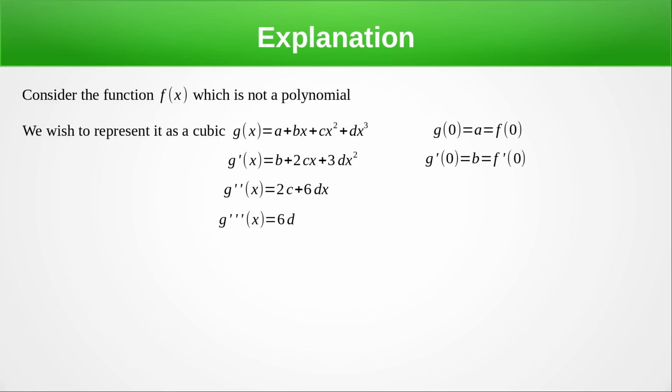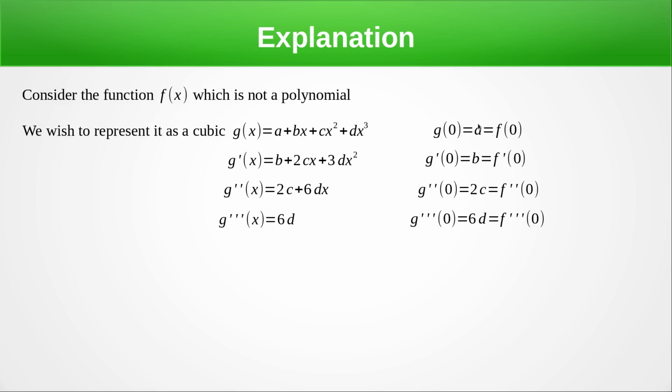Then doing the same thing at 0 for g dash of x, we end up with b, and we end up with b equals f dash of 0. Doing it for g double dash, we get this, and that's going to give us that c equals f double dash of 0 divided by 2. And using the same idea, d equals f triple dash, the third differential of f, divided by 6.